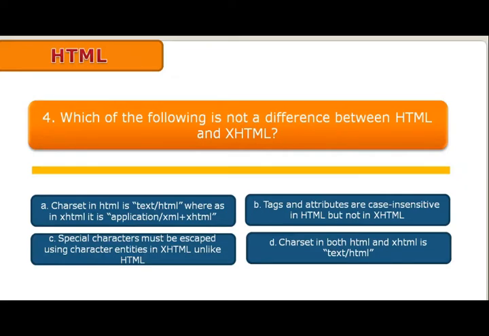C. Special characters must be escaped using character entities in XHTML, unlike HTML. D. The character set in both HTML and XHTML is text/html. Answer is D. The character set in both HTML and XHTML is text/html. This is not a difference between HTML and XHTML.